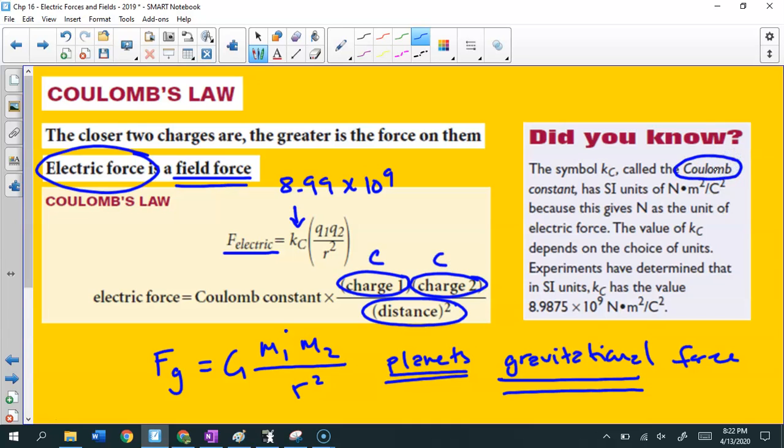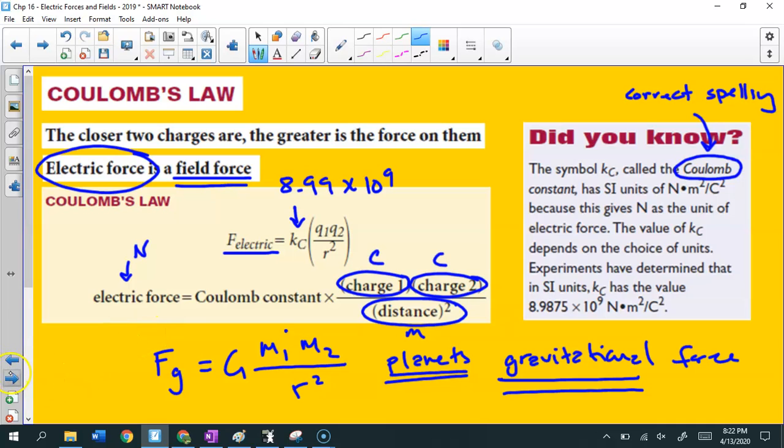What exactly is coulomb spelled like? So there you go. That's the correct spelling. I'm sorry, my spelling has never been that great, but there you go. That's the correct spelling of coulomb right there. And so each of the charges is measured in coulombs. The distance is of course measured in meters. And because electric force is yet still a force, even though it was named after Coulomb, this is measured in newtons. Okay, so all that said, it's still measured in newtons.